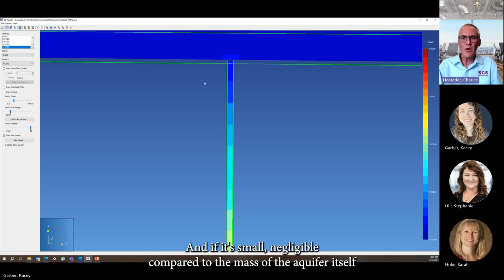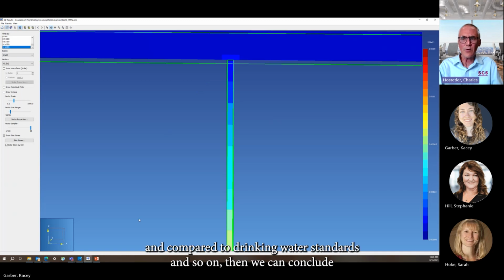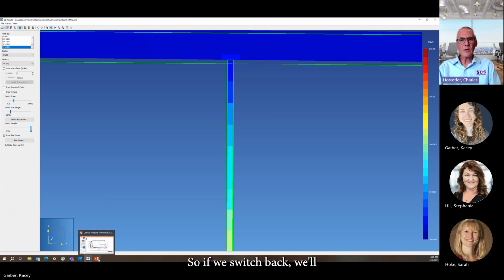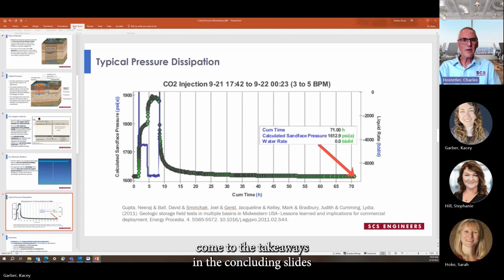And if it's small, negligible compared to the mass of the aquifer itself and compared to drinking water standards and so on, then we can conclude that 30 years of overpressure does not endanger the aquifer, so that in real life, a buildup of pressure over 20 years to a peak and then a dissipation of 5 years would not endanger the aquifer. Right? So if we switch back, we'll come to the takeaways and the concluding slides.